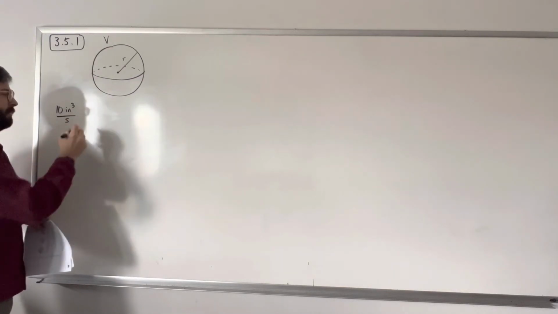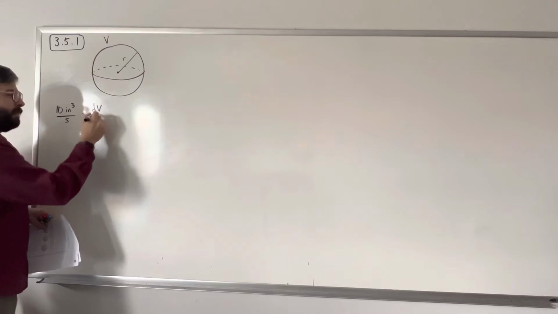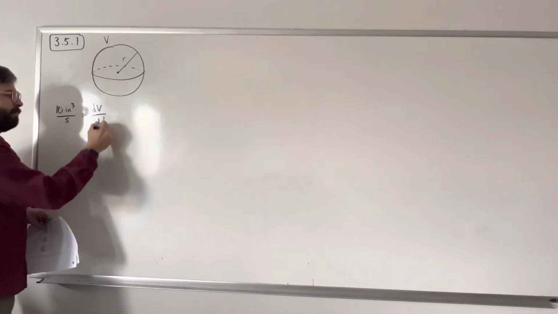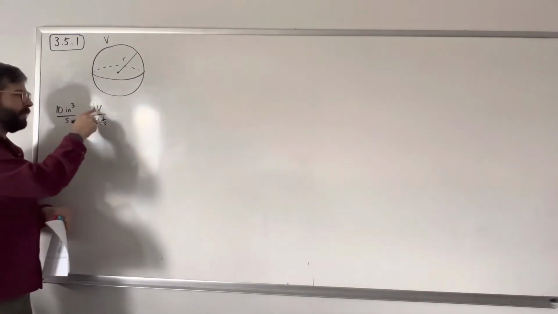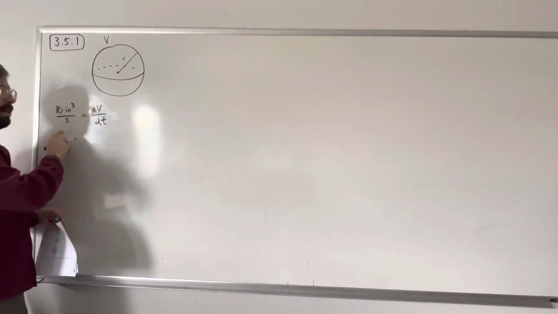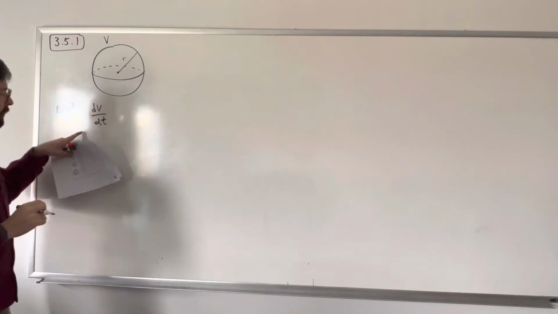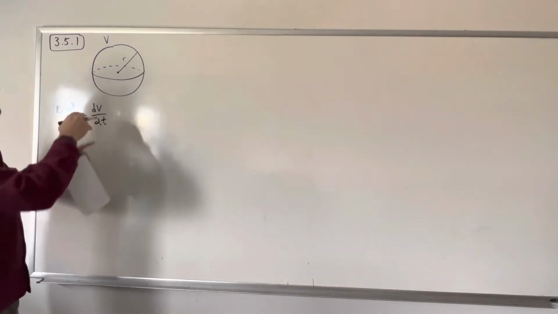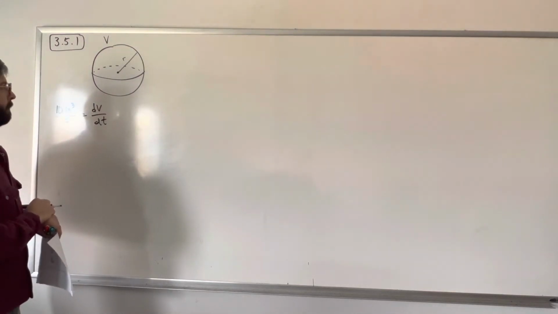And since I've been doing a lot of calculus, I think that's dV/dt, the change in the volume over the change in time. And I know it's a constant 10. So I'm gonna lock this in. I know this is gonna be related to the problem somehow.